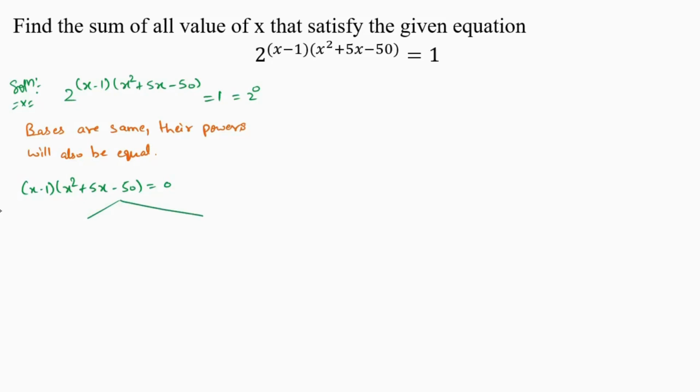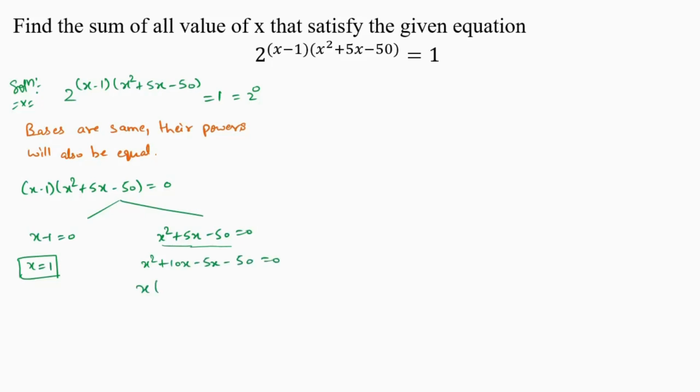And from here, we get two equations, x minus 1 equals 0 and x squared plus 5x minus 50 equals 0. So from the first case, we get the value of x, that is 1, and from the second equation we have x squared plus 5x minus 50 equals 0. So this can be written as x squared plus 10x minus 5x minus 50 equals 0.